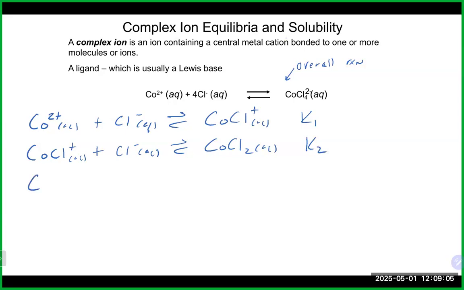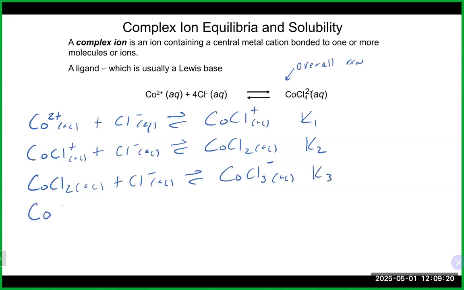Then this guy that's already grabbed two will grab a third one, setting up an equilibrium for CoCl3-, and now we're going negative with our charge. And there'd be a K value for that.